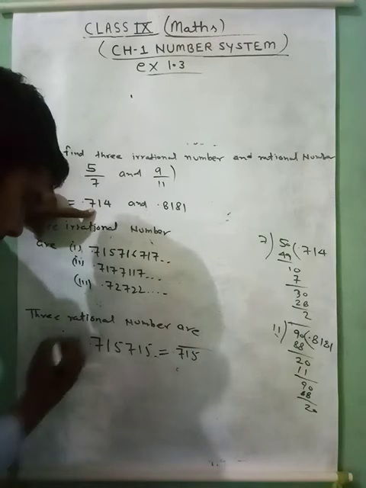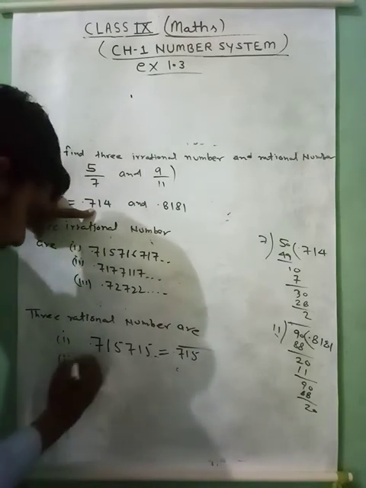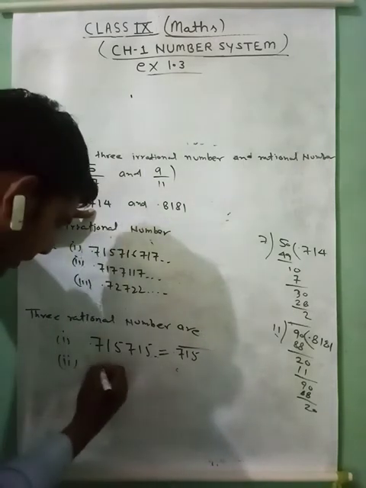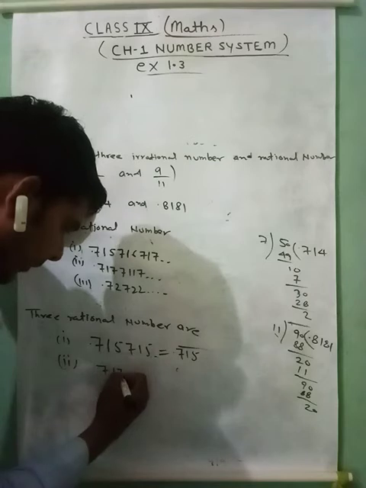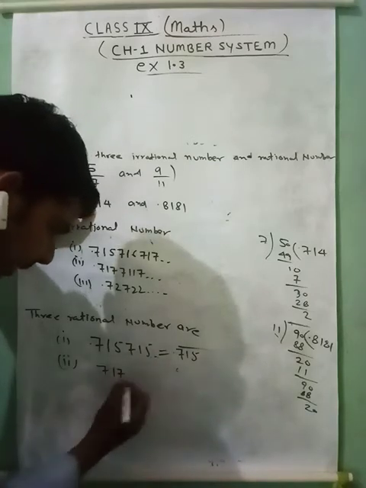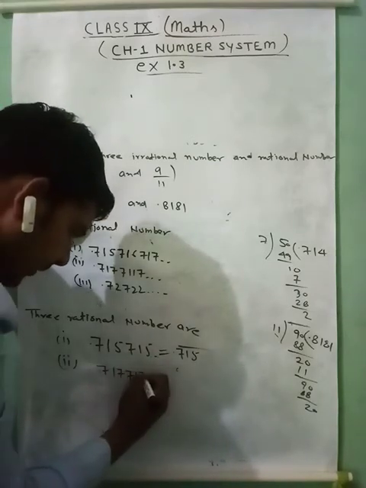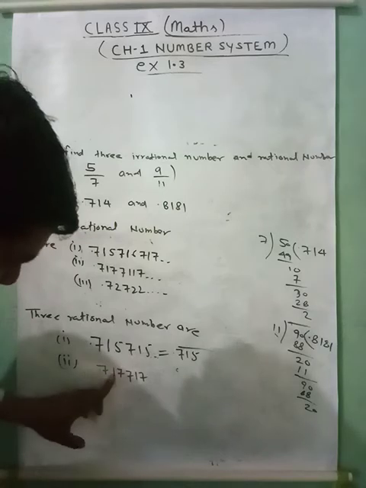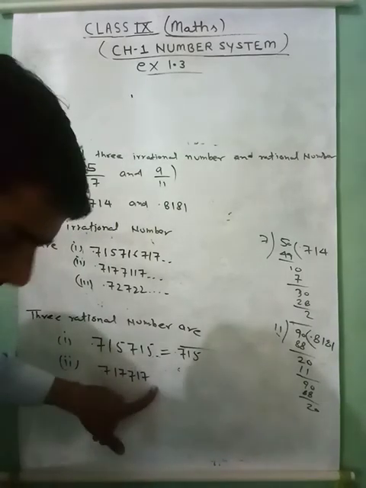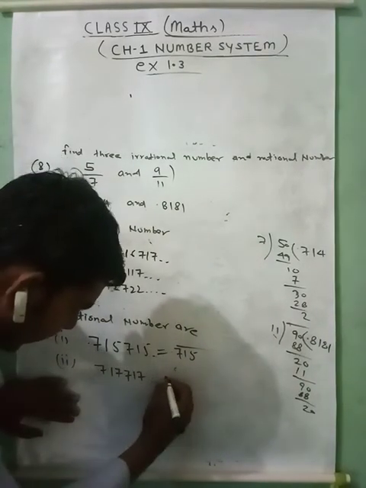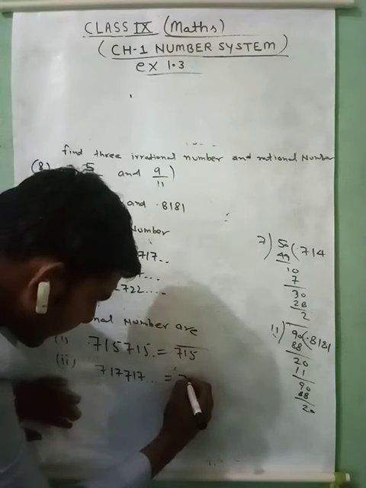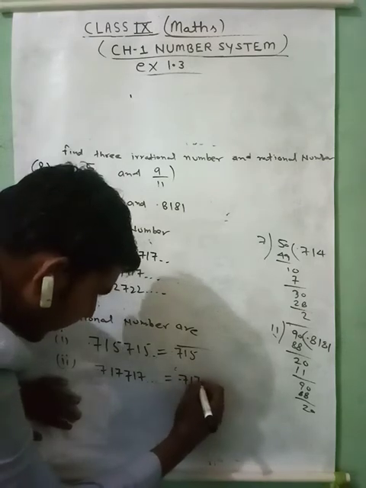Second rational number 0.717717. 717, 3 digits, repeating.